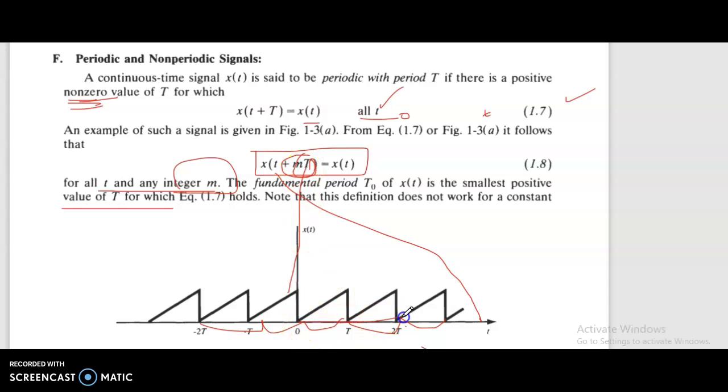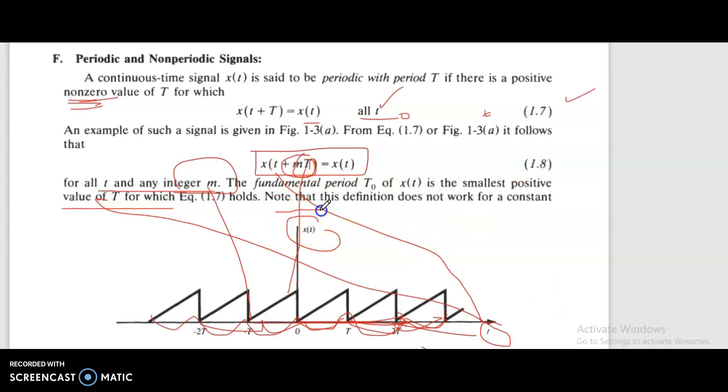This is full periods, how many periods are coming here. So it equals x of t for all t and any integer m, from here to here, from here to here, and so on.